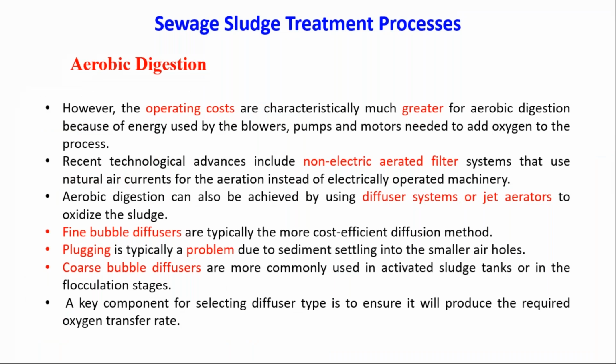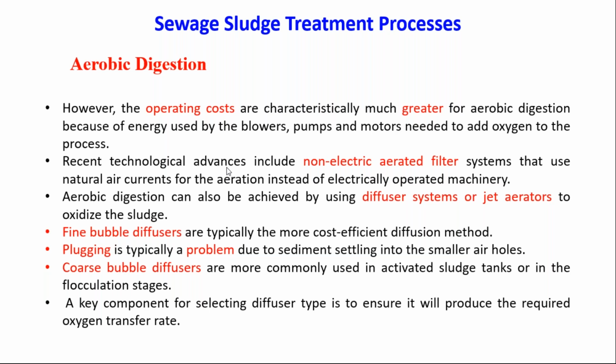We have already discussed the operating costs, and the rate is higher in aerobic digestion as compared to anaerobic digestion. Now the recent technologies or advances are utilizing non-electric aerated filter systems that use natural air currents for aeration instead of electrically operated machinery, because in aerobic digestion systems we have to consume more and more electrical energy.